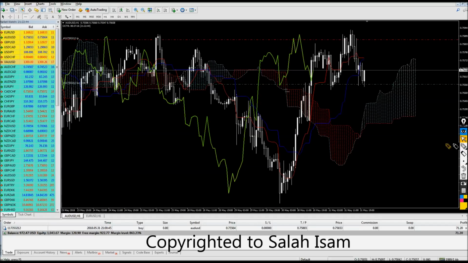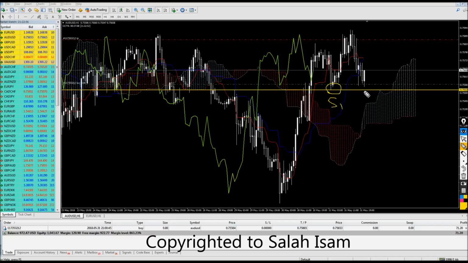Some people might actually do it like this if they want to place a trade manually without the Ichimoku. They will select this level as their support 1, then they will wait for the candles to come down here, and they will enter at support number 2. But the candles might reverse earlier before reaching their pending order.